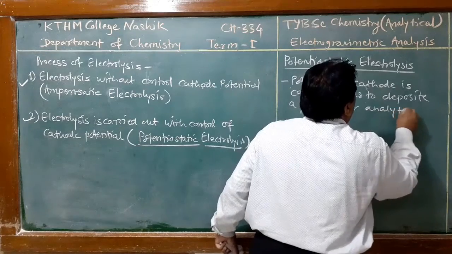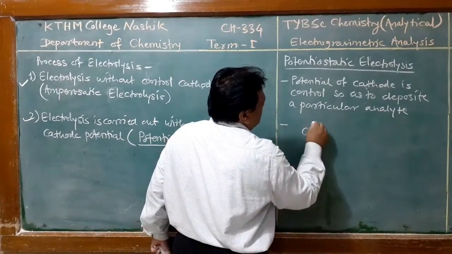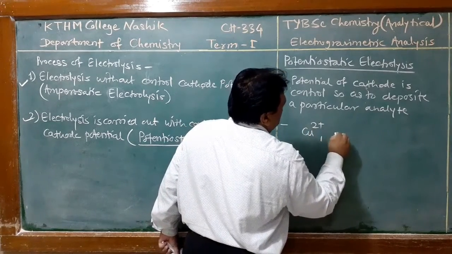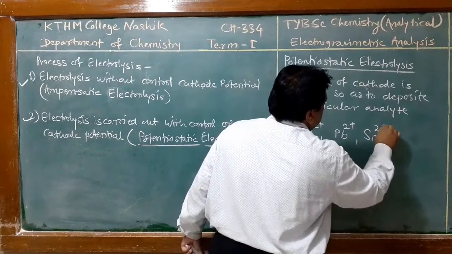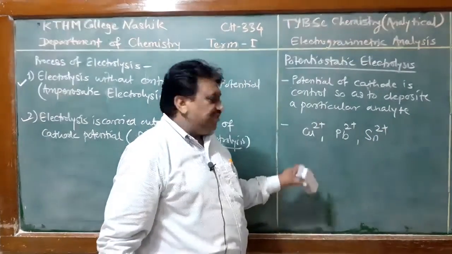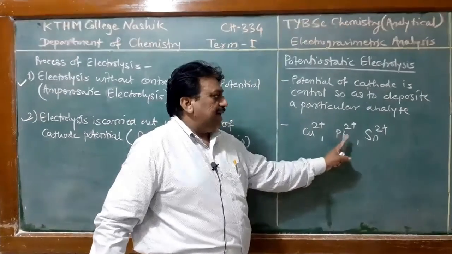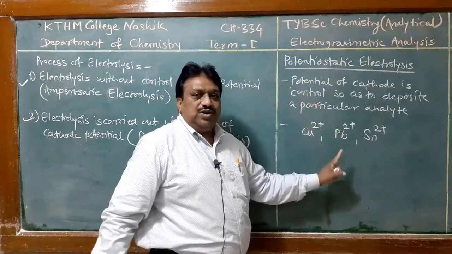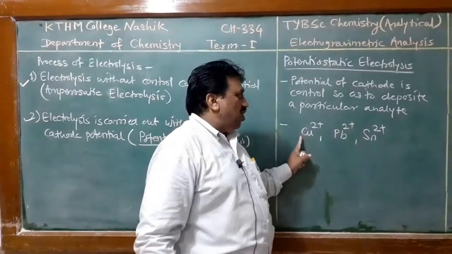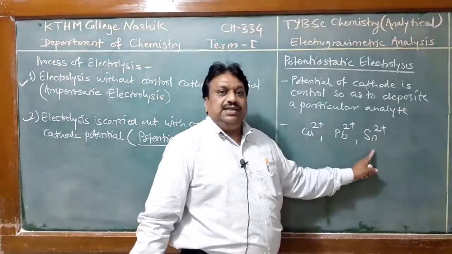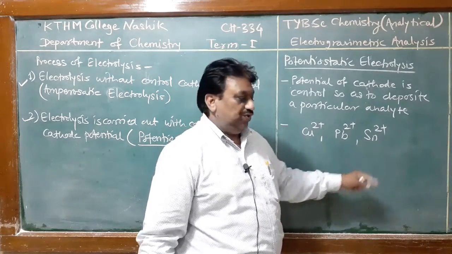For example, suppose we have copper 2 plus ion, lead Pb2 plus ion, and tin Sn2 plus ion present in a mixture. We have to separate copper, lead and tin by the electrolysis process, as well as estimate the concentration of copper, lead and tin present in the analyte solution.